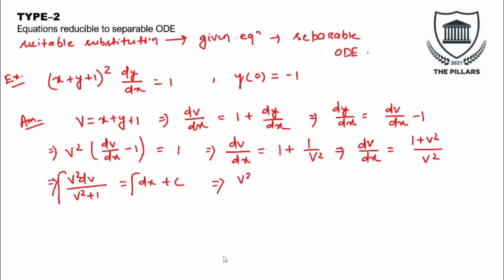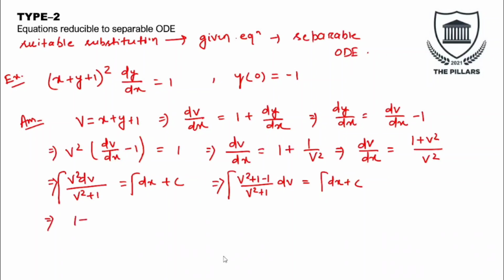It will be (v^2 + 1 - 1)/(v^2 + 1) dv is equal to dx + c. And you know this, by dividing you will get this term becomes 1 here, and it will be -1/(v^2 + 1).